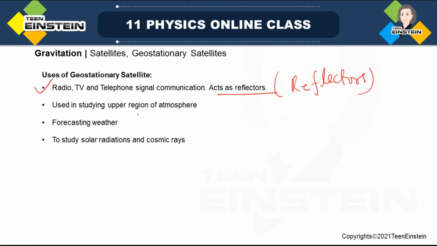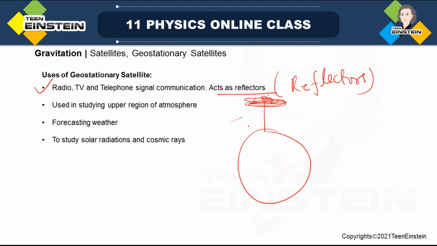Then, to study the upper region of the atmosphere of the Earth, we cannot see much at this particular height, so the upper region of the atmosphere can be studied by this geostationary satellite.